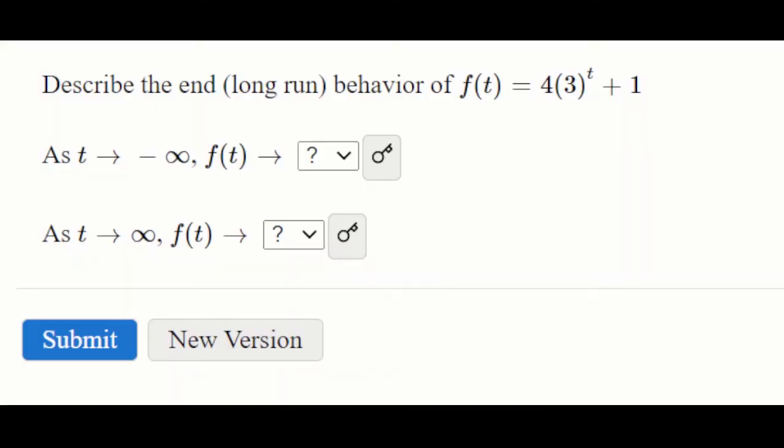All right, so here we go. This is the general worded instruction of the problem here. We want to describe the end, or some textbooks call it the long run, behavior of our function. How about f of t equals 4 times 3 to the t plus 1. Okay, 4 times 3 to the t plus 1.